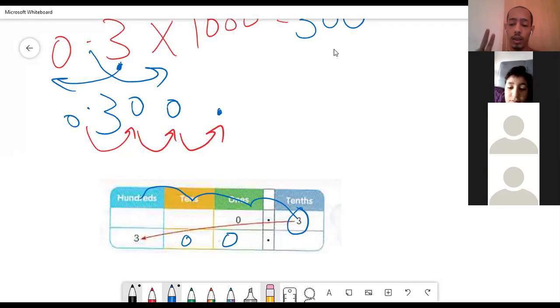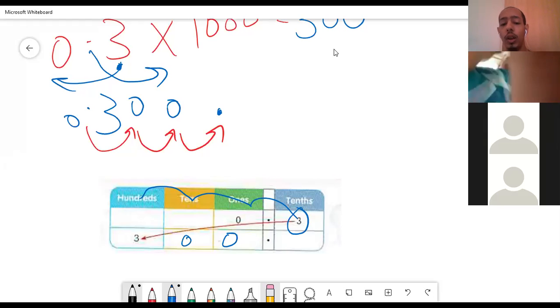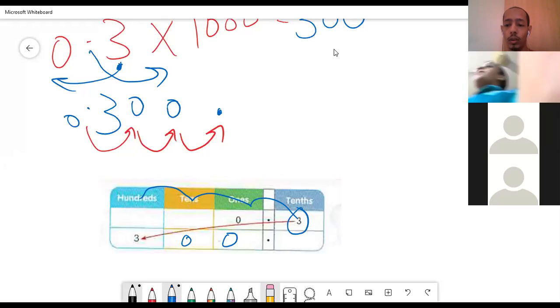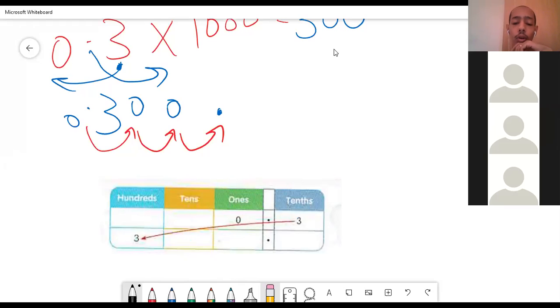You have two ways, guys. Whether you move the decimal point to the right, or you move the number 3 places to the left. Is it clear? Yes, teacher. You might see in the book they move the number to the left.